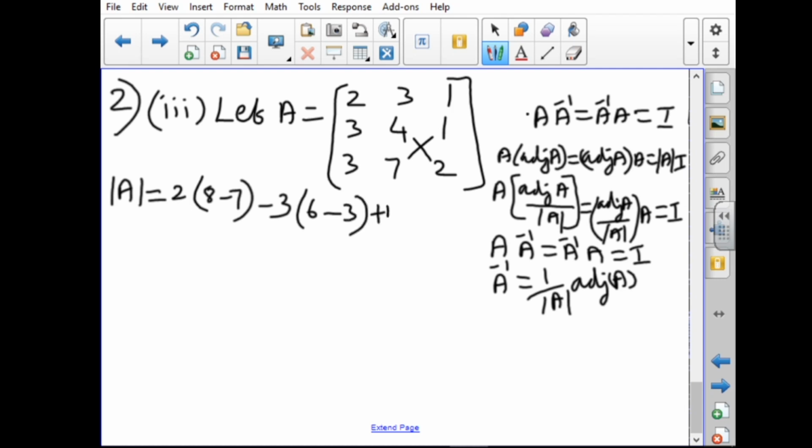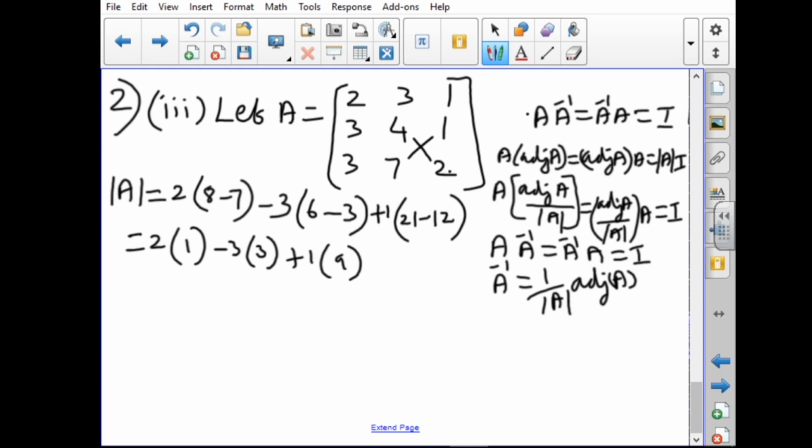Then plus 1 into, we leave the column and the row which 1 belongs to, then we have 3 7s are 21, minus 12. So it is equal to 2 into 1 minus 3 into 3 plus 1 into 9. So it gives us 2 minus 9 plus 9, which is equal to 2, which is not equal to 0. So we say that it is non-singular, therefore A inverse exists.